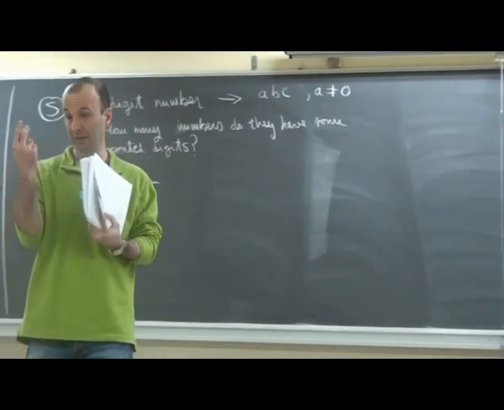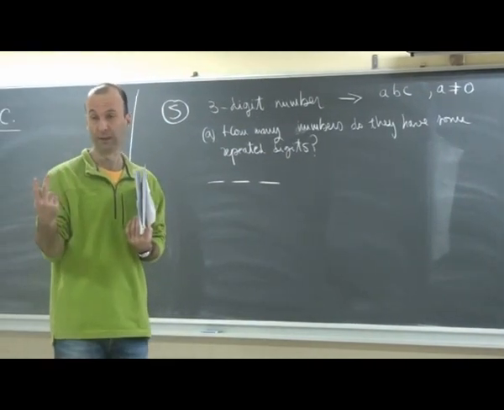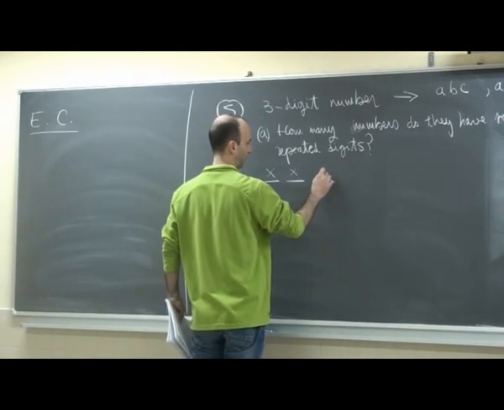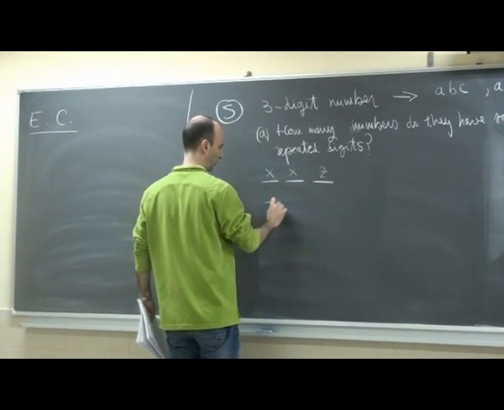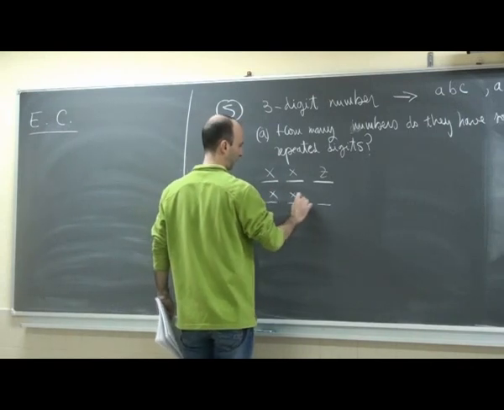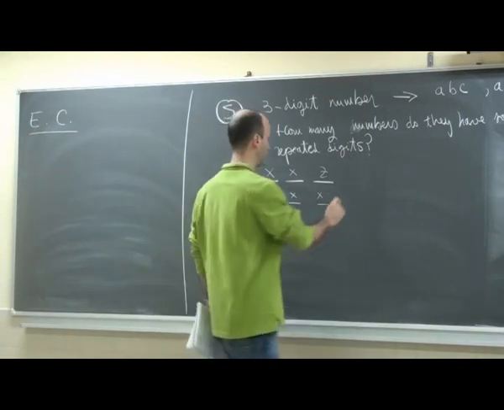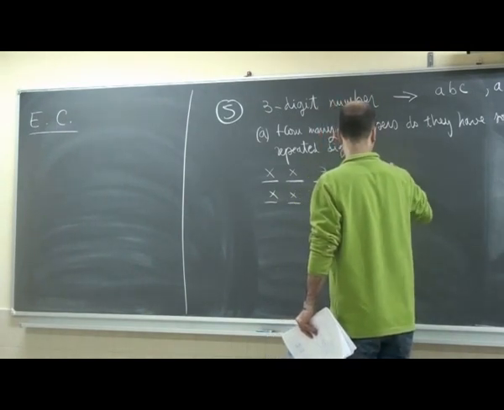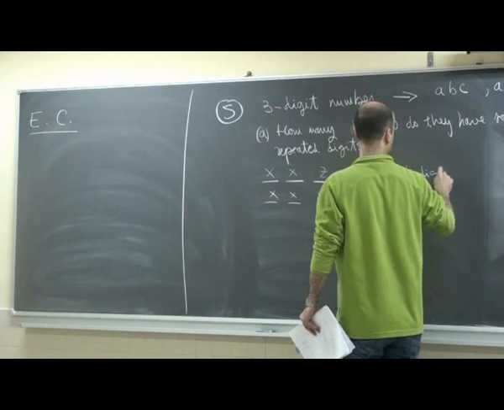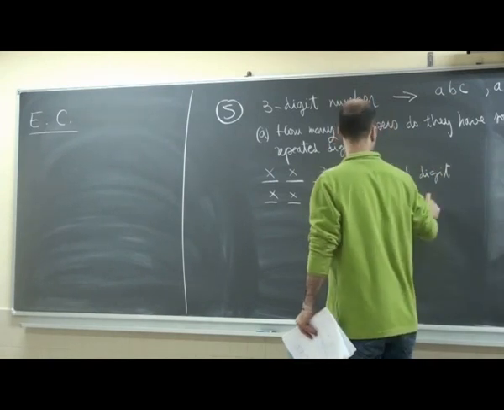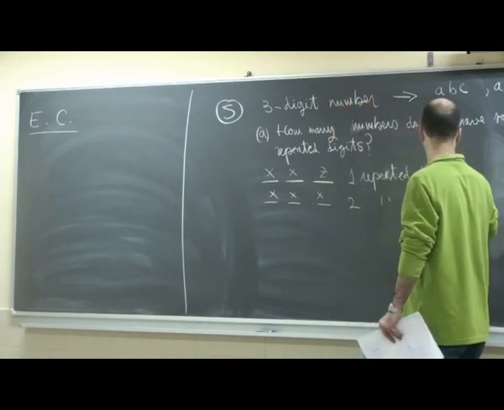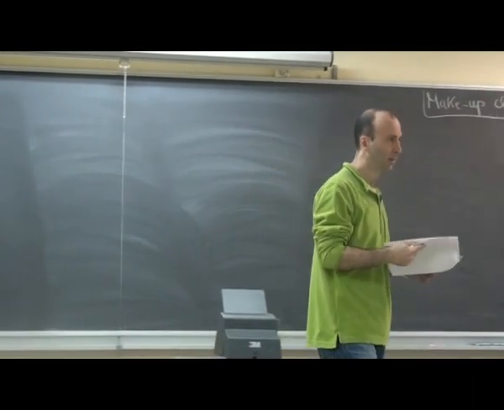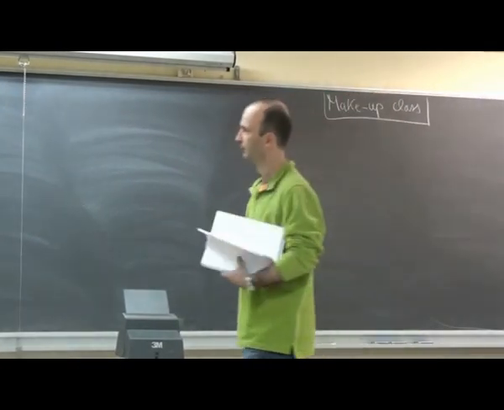One repeated means 2, and 1 or 2, right? So it could be of the form x, x, z, or x, x, x. So one repeated. Right? So let's count the first group.